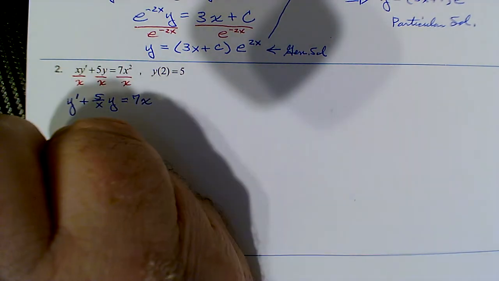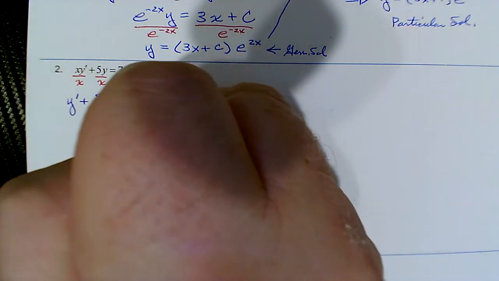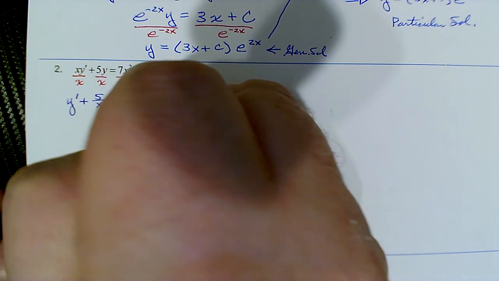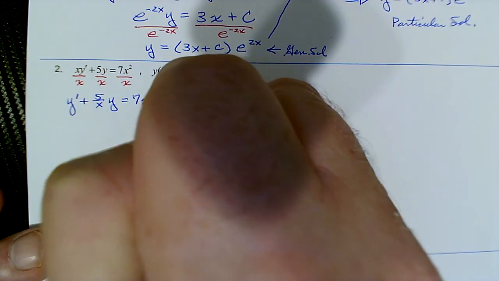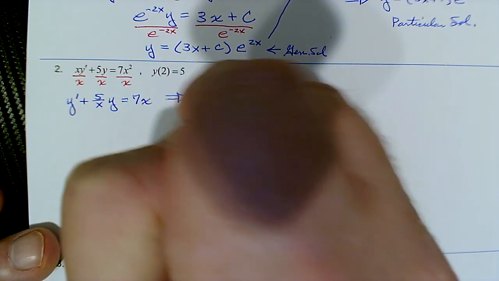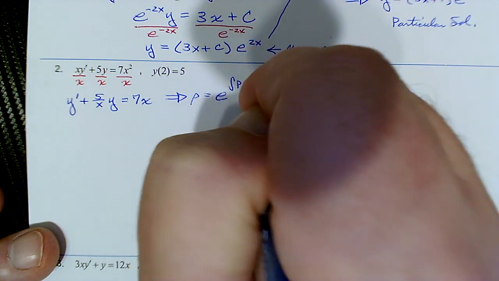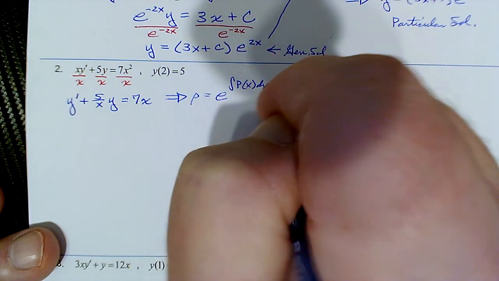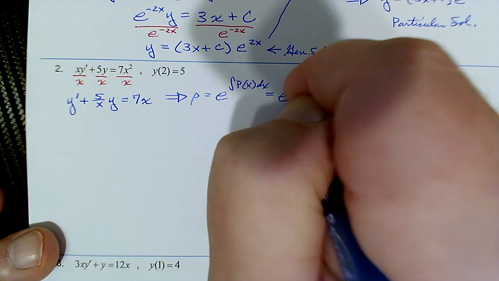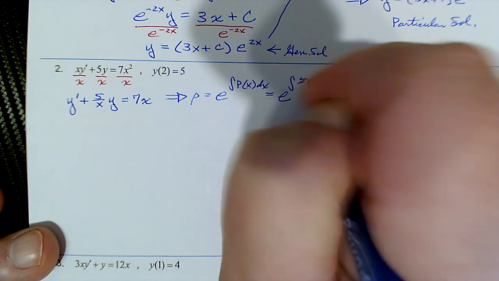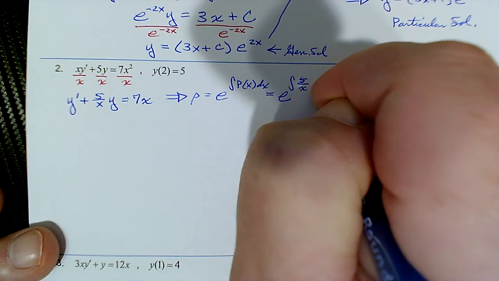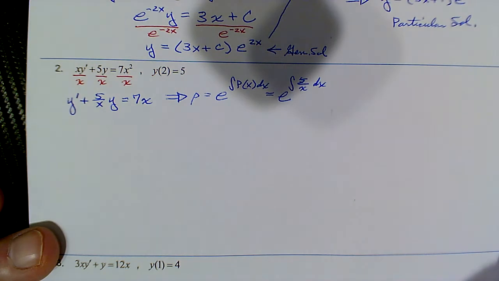The integrating factor rho, let's do it here. Rho is, again, e to the integral of p of x with respect to x. So e to the integral of 5 over x with respect to x.